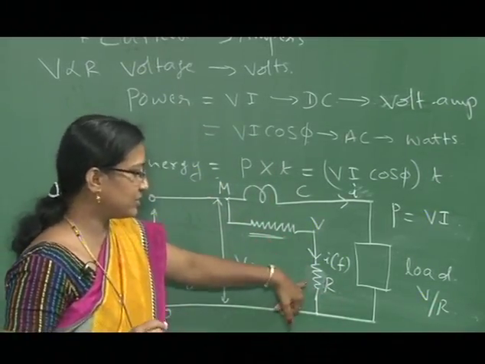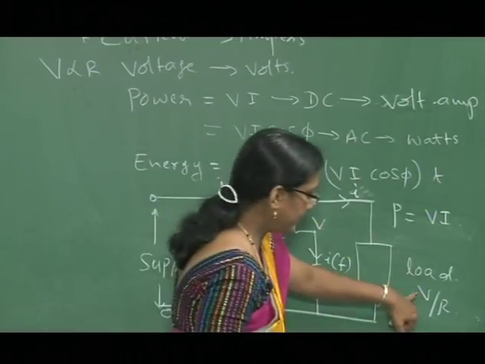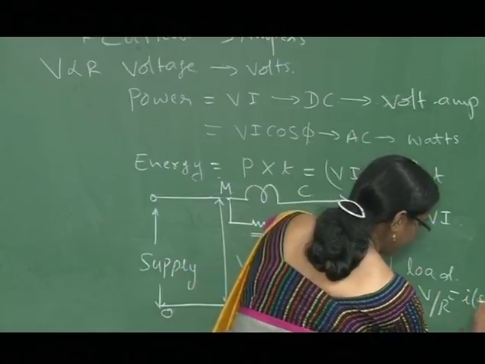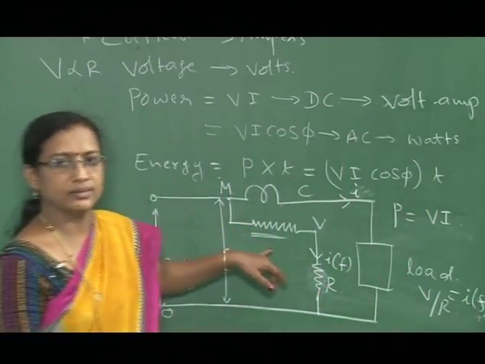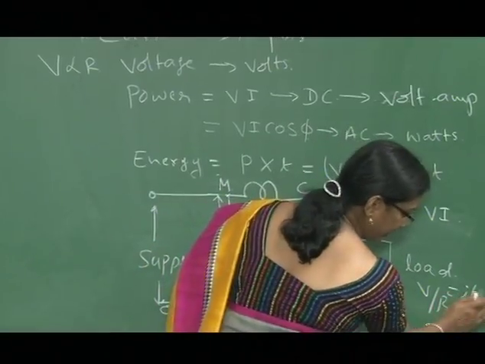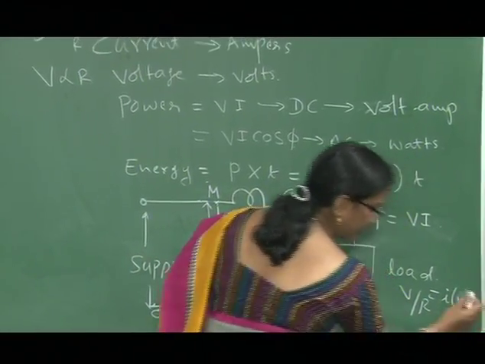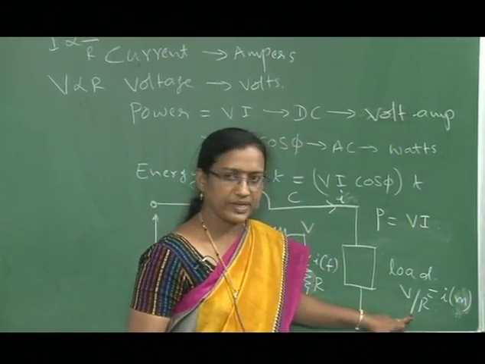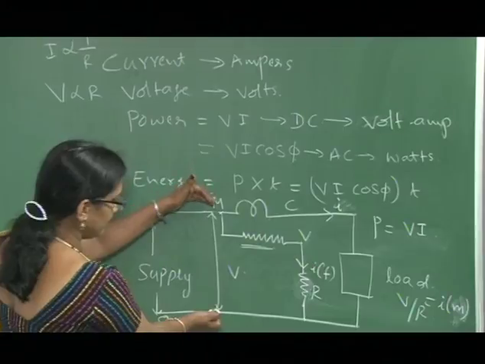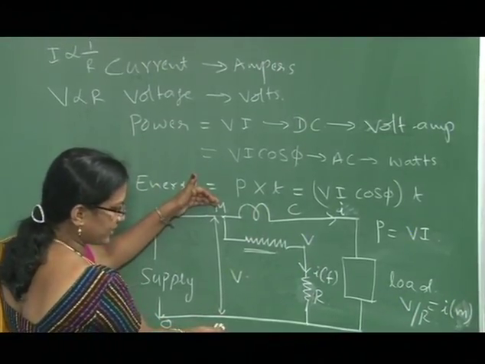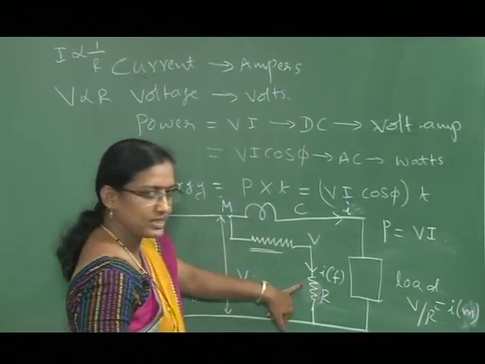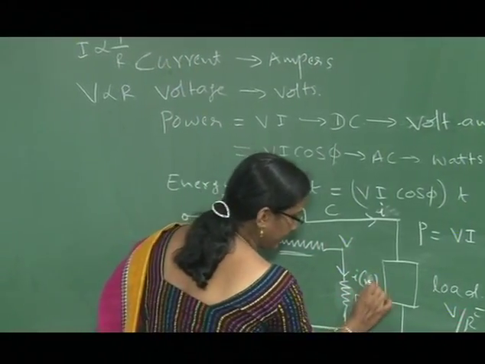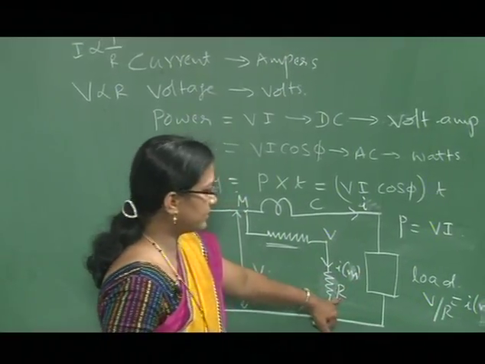The total resistance you consider gives V by R as the current flowing through the moving coil. Since it is a moving coil, we use the symbol m to make you understand better. So the current flowing through the moving coil, I of m, is equal to V divided by R, because the total voltage across this pressure coil or potential coil is V and the total resistance is R.